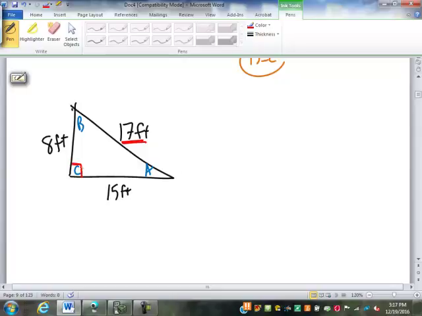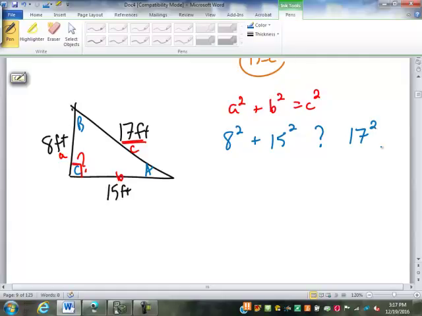Now, we don't know if that's a right angle yet or not. We're going to put a question mark there. So we're going to call this A and B, and this C, because if it's a right triangle, that's how they would have to be labeled. So let's fill this in. A is 8, so 8 squared. B is 15, so 15 squared. I'm not going to put an equal sign here. I'm going to put a question mark, because I don't know if they equal yet or not.